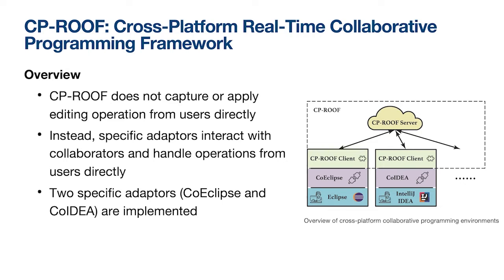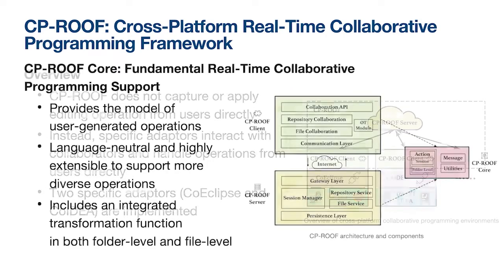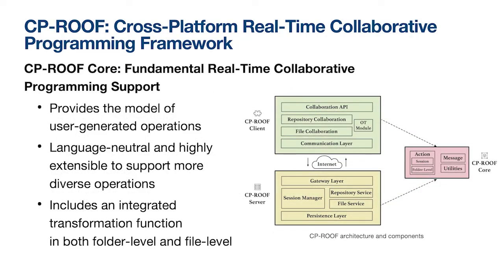They are in the form of plugins on Eclipse and IDEA respectively, as illustrated. Editing operations will be processed by CP-Roof after being captured by plugins. CP-Roof consists of three components, namely CP-Roof Core, CP-Roof Client, and CP-Roof Server. Let's dive into more details about these components.